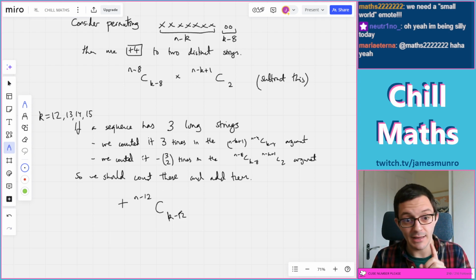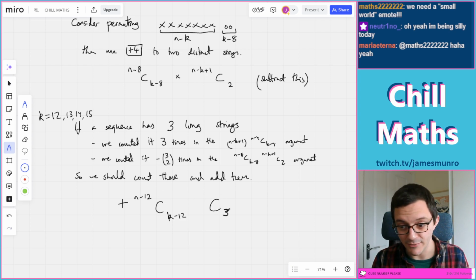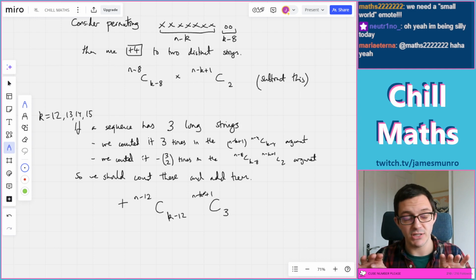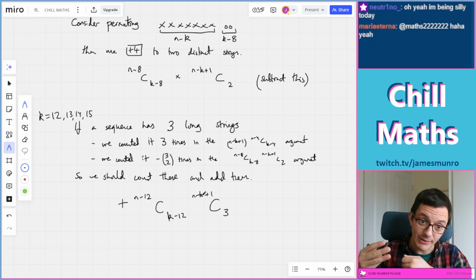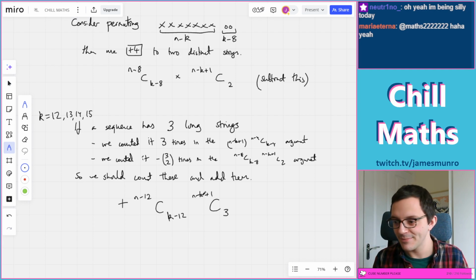Shuffle those around, and now boost 3 of the slots, 3 of the positions, by playing a +4 card in 3 of those positions. That will give you 3 long strings, which we triple counted. We untriple counted them, so we should count them and add them back on.